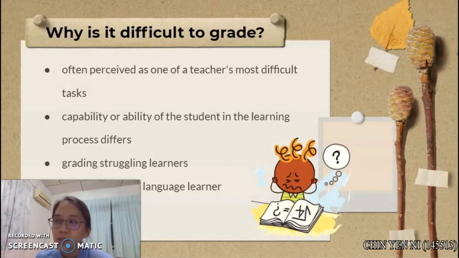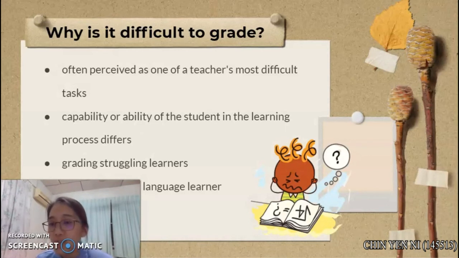So if you find out that your students have difficulty following instructions, or they work longer and harder but have little or no improvement, or the students struggle with basic reading, writing, or spelling, or they have difficulty staying focused on the given task, or some of the students take longer time compared to other students to complete their work. So the examples I gave just now are some of the signs of struggling learners.